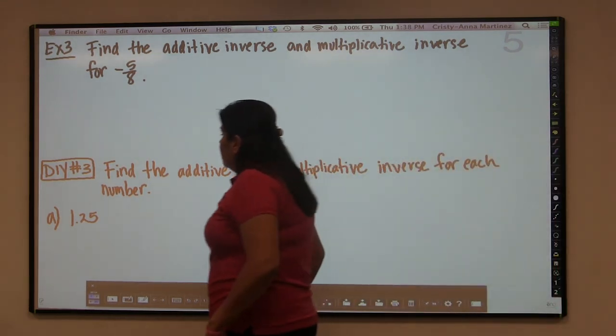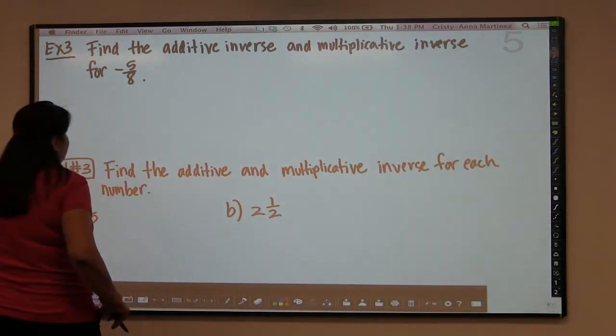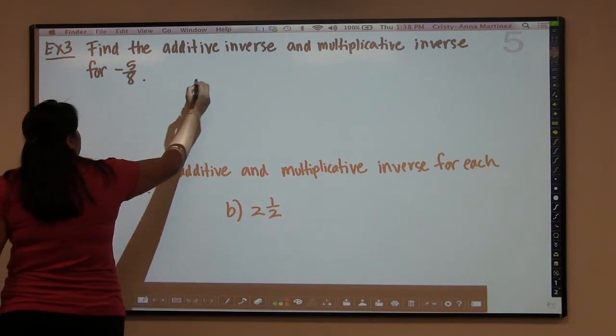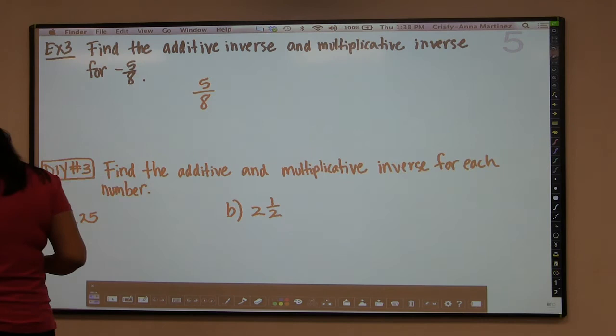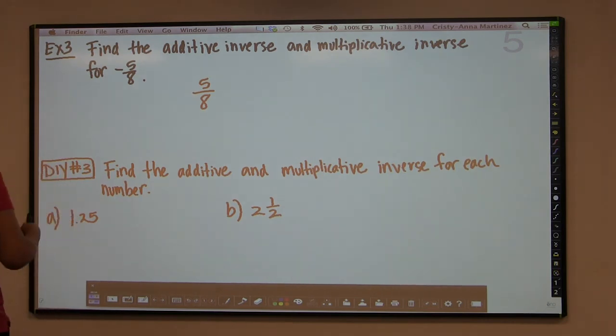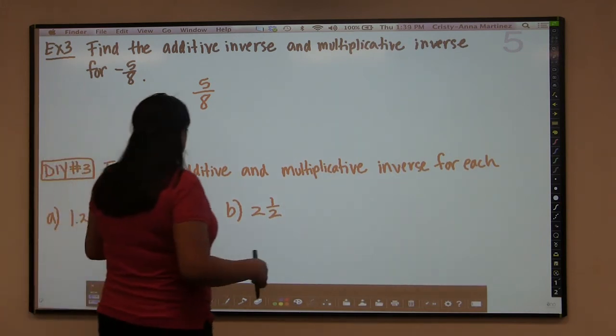The additive inverse is the opposite of negative 5/8, which would be positive 5/8 for the first part of example 3. We're doing the opposite. So basically, what can you add to negative 5/8 to equal 0? Well, that would be positive 5/8. And then the multiplicative inverse is the reciprocal of this guy.